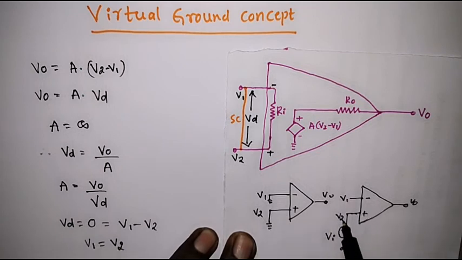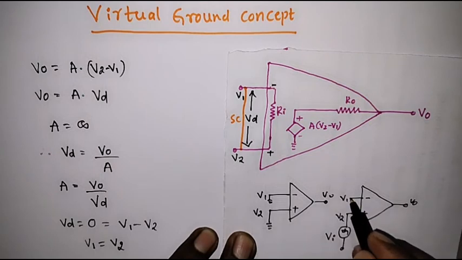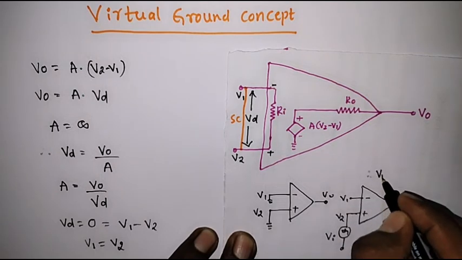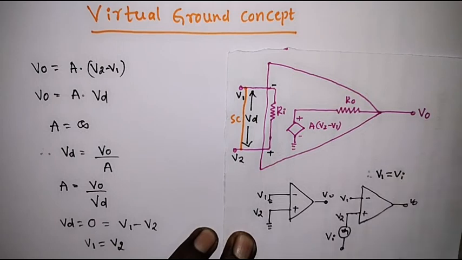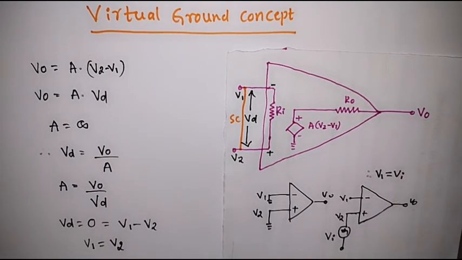So as V2 is equal to Vi, even V1 is also equal to Vi because of the virtual ground concept. Thus we can conclude that with respect to the virtual ground concept, the voltage which is applied to one terminal is indirectly applied to the other terminal.